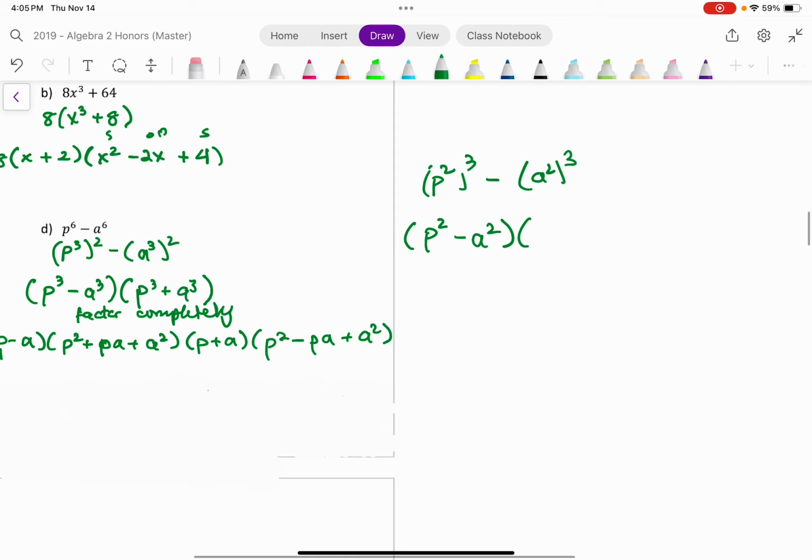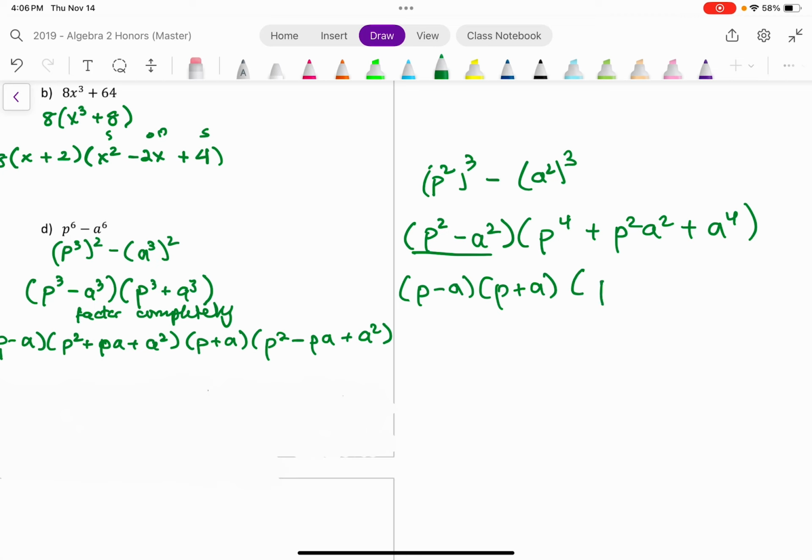And then SOPS is going to give me p to the fourth plus p squared a squared plus a to the fourth. This factors further, p minus a, p plus a. But this one, it does factor further. It's just that you probably don't have the skills yet. We will get it to factor that further. So look here, and you would miss that.